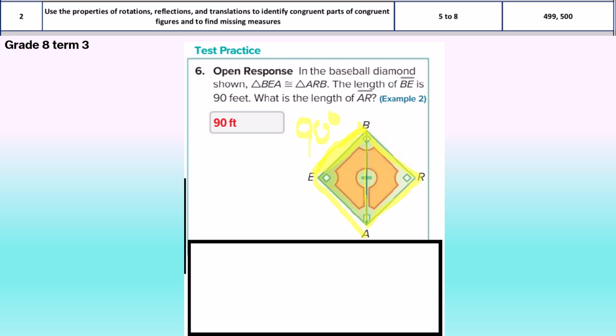What is the length of AR? So we know BE will be congruent to AR and therefore it will be exactly, sorry, not 90 degrees, but 90 feet. So read the information which is given to you, highlight the information and solve the questions thereafter.